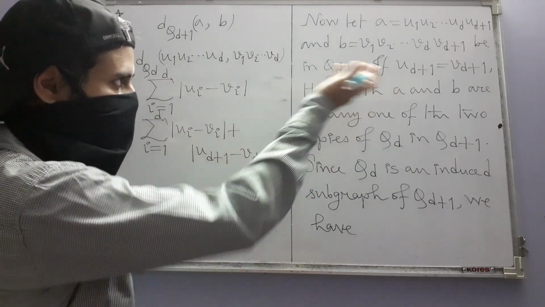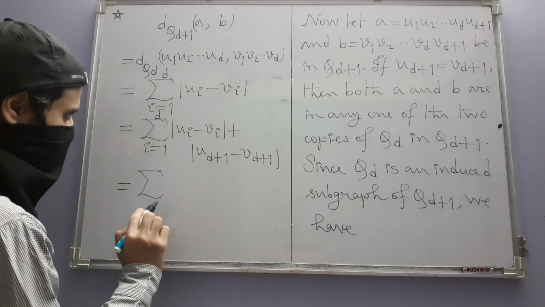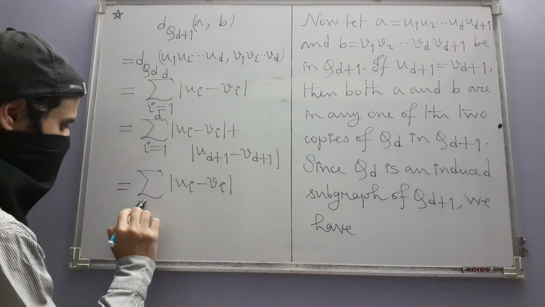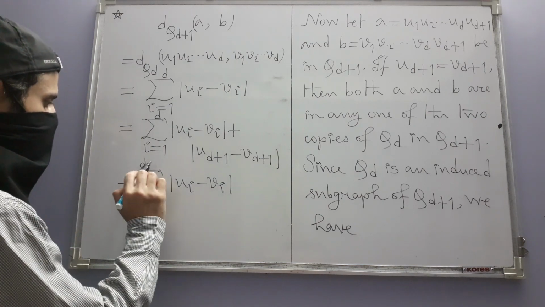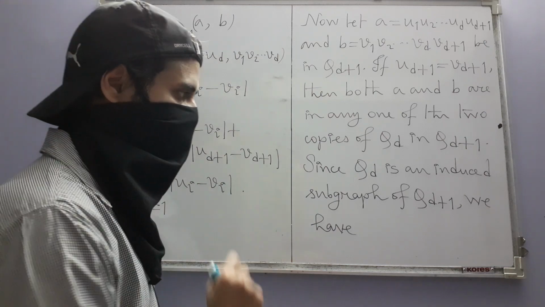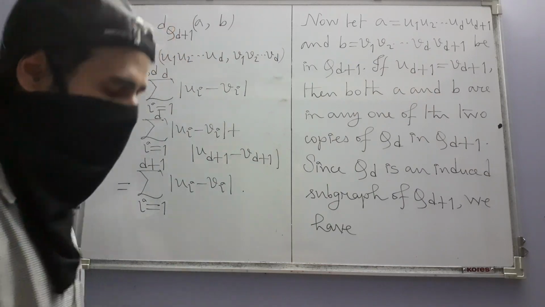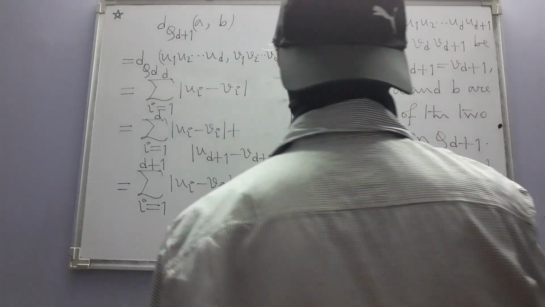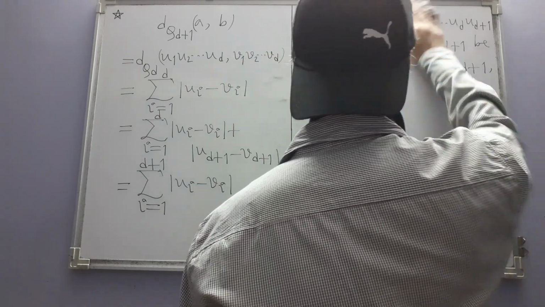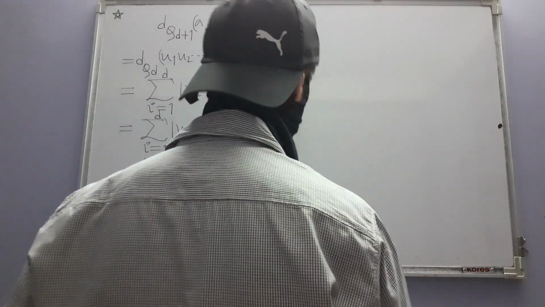That's because it is 0, they are equal, and that allows us to write the sum as this sum. So that means our formula has been verified for D plus 1 in this case. Now we have to consider the other case.